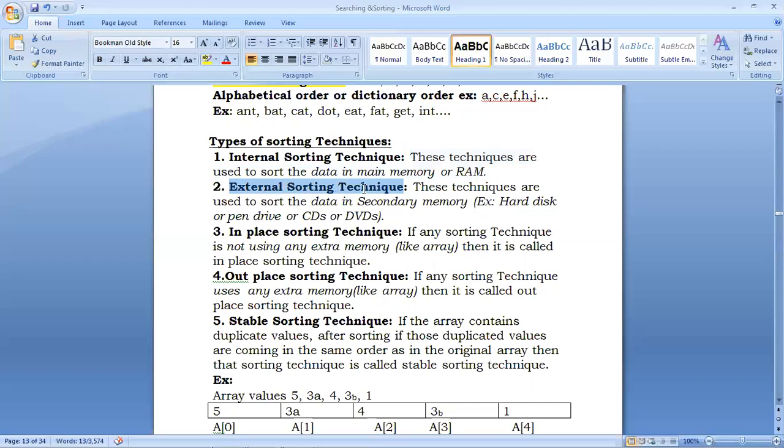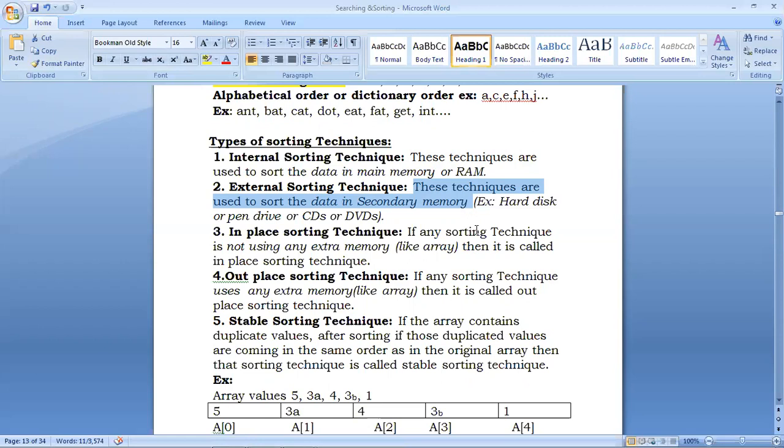External sorting technique. These techniques are used to sort the data in secondary memory. Secondary memory means, for example, when you are using hard disk, pen drive, CDs or DVDs, whatever the data is there on the hard disk or pen drive, to sort the data we use external sorting techniques.